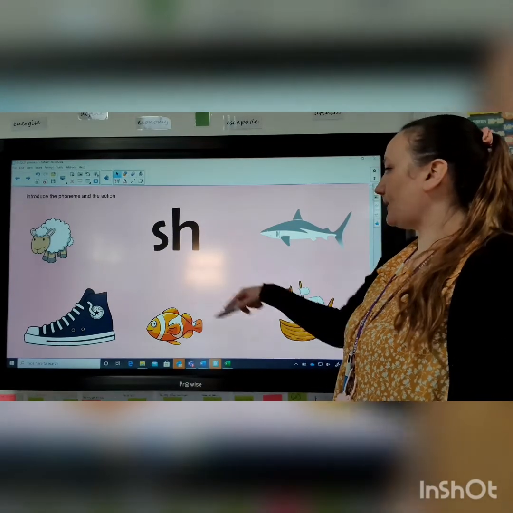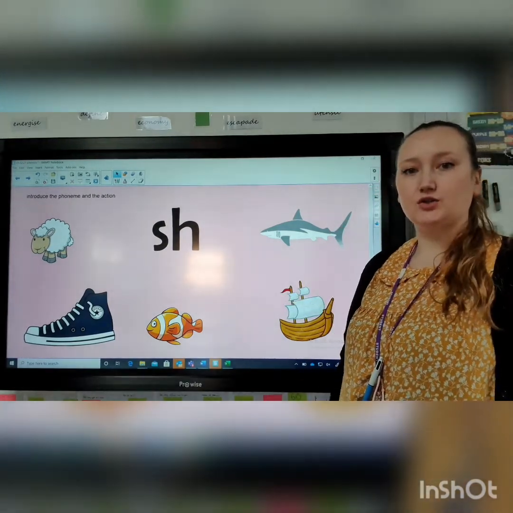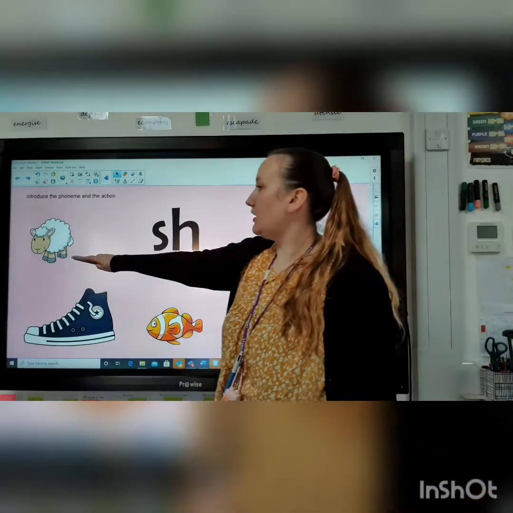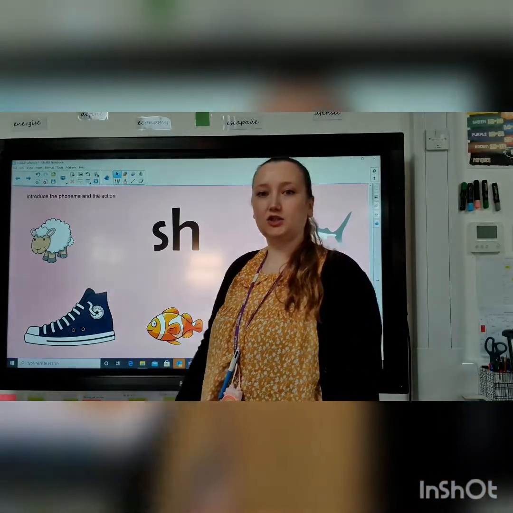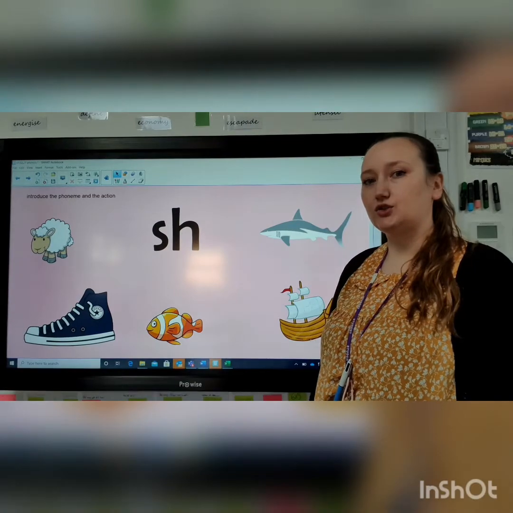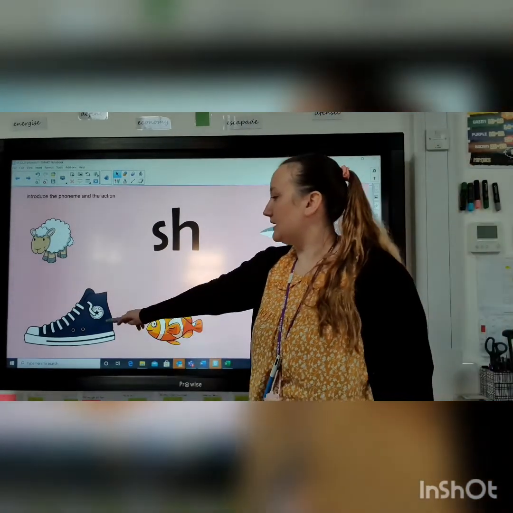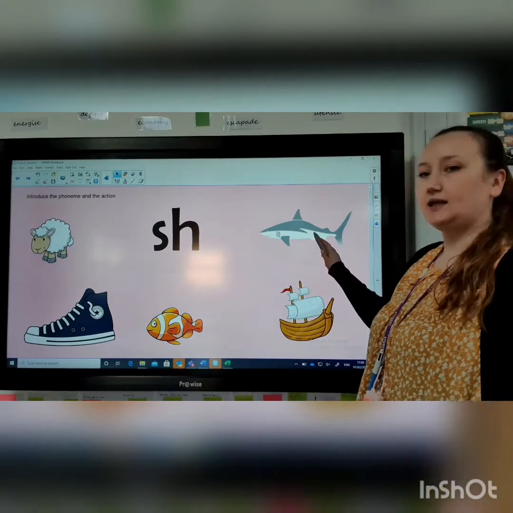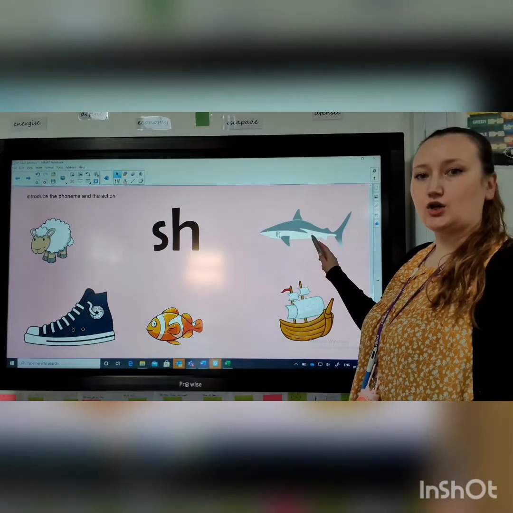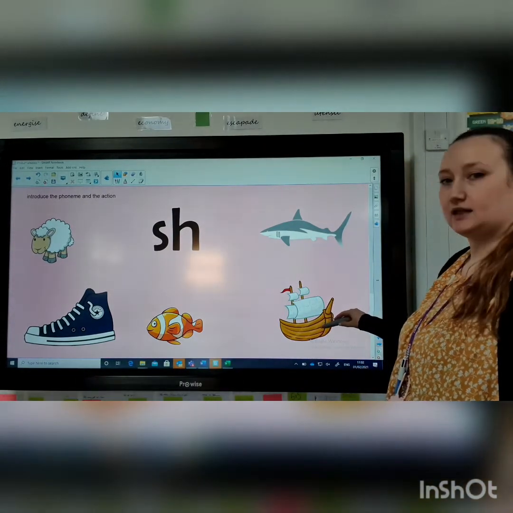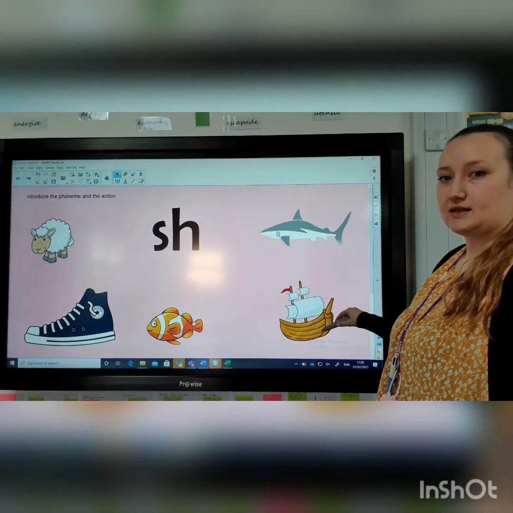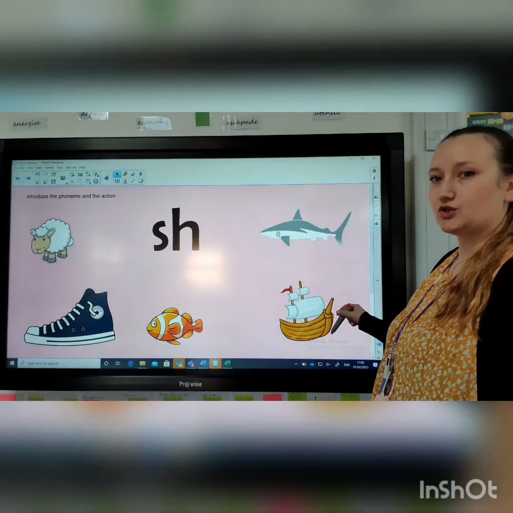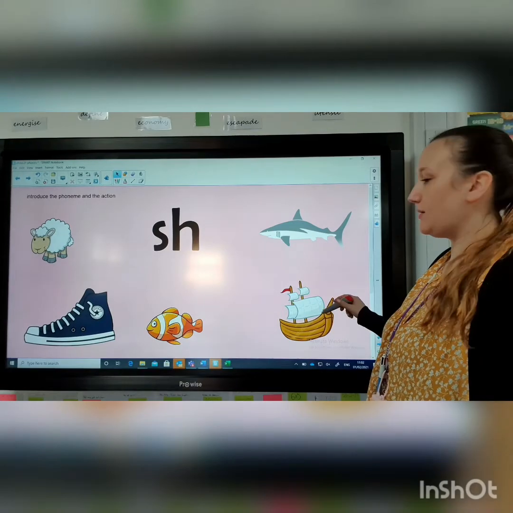Okay, so all of these objects have got shh in it, okay? So we have a sheep. Can you hear that shh in the word sheep? And here we have a shoe. And here is a shark. And it's a, think about that shh phoneme, it's a ship.